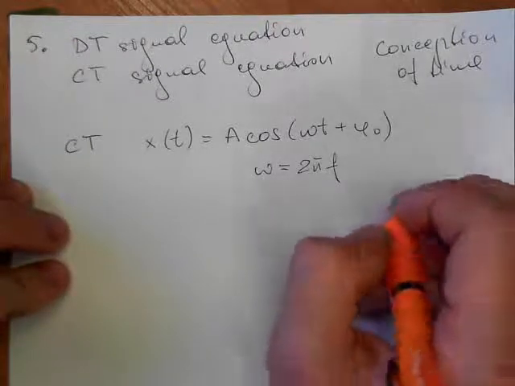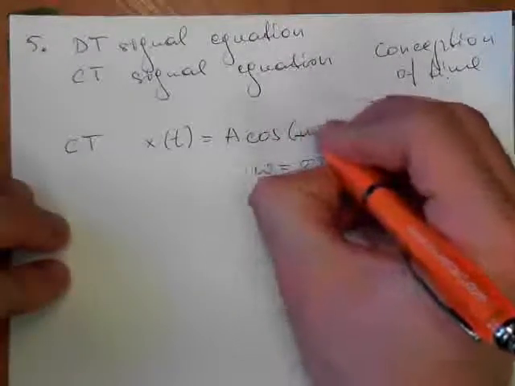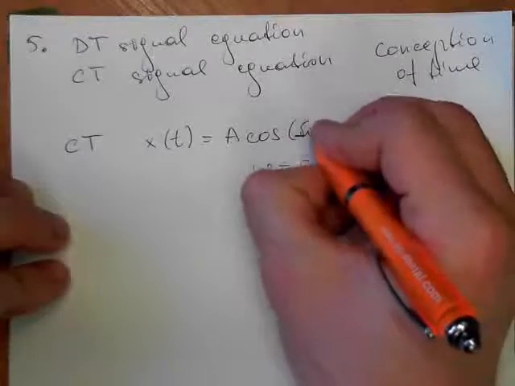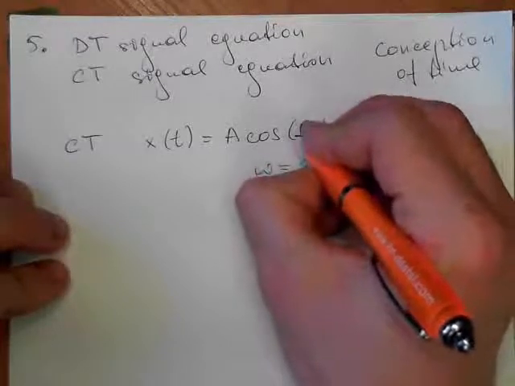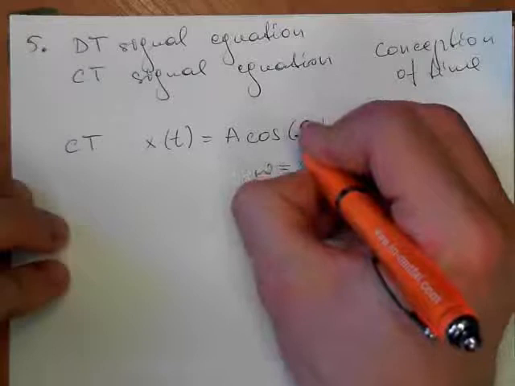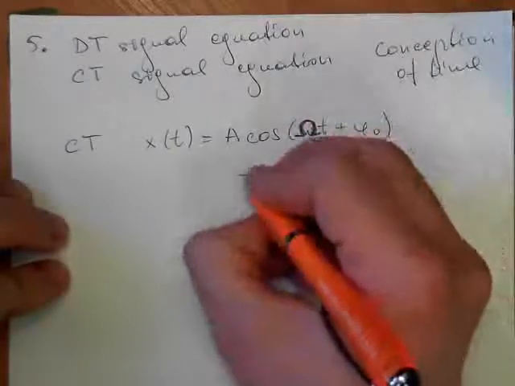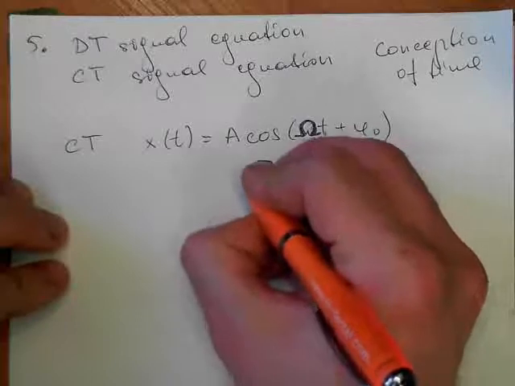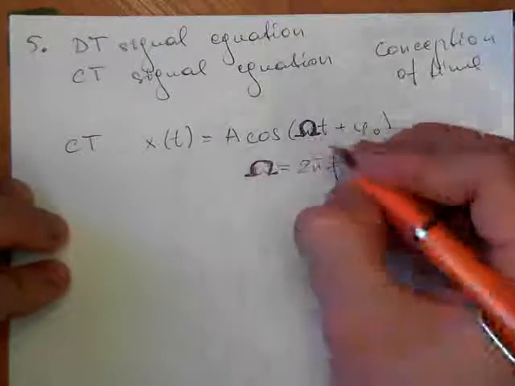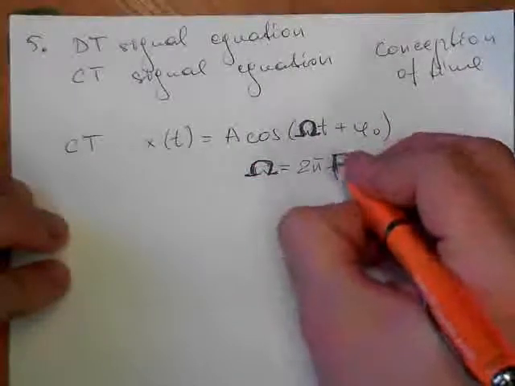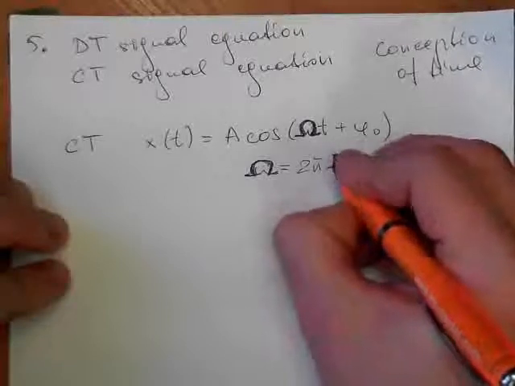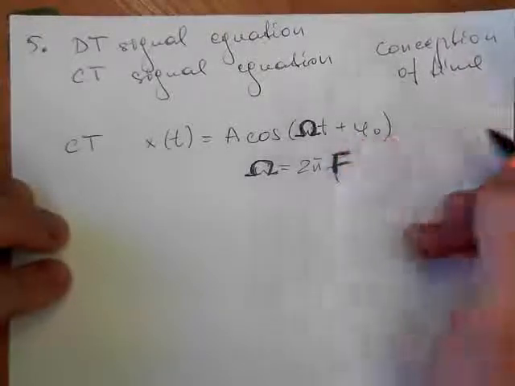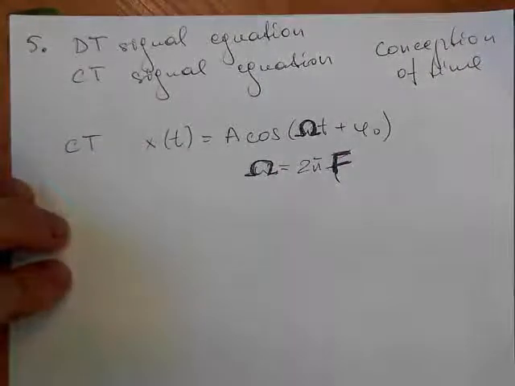In the book, for continuous time signals, there it is capital omega, so we can correct here. Capital omega is the same equivalent, because they want to separate between them. Capital omega, and this small f turns to capital F. This is just to separate them theoretically in the book.